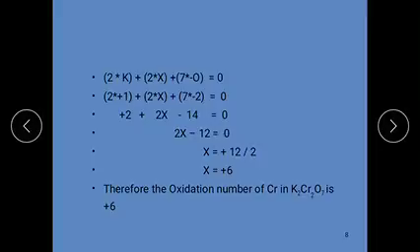This calculated value of the oxidation number of chromium has not exceeded its group number, so it is equal to its group number.